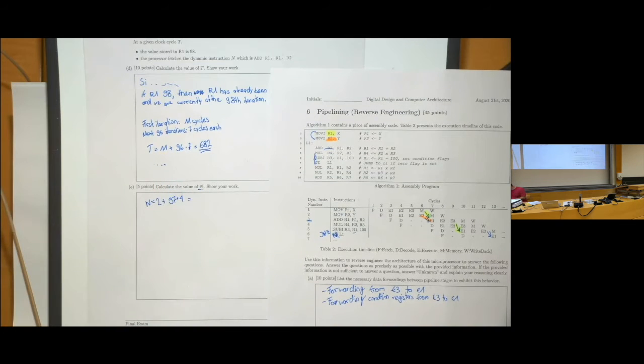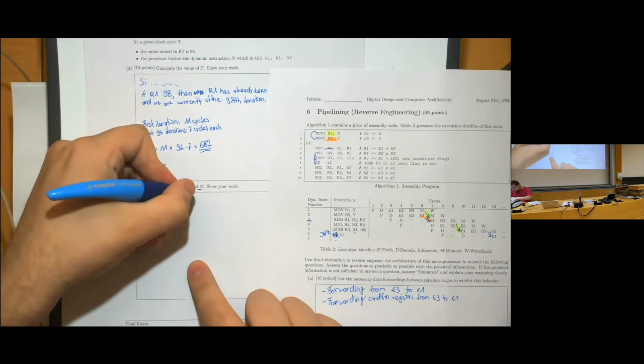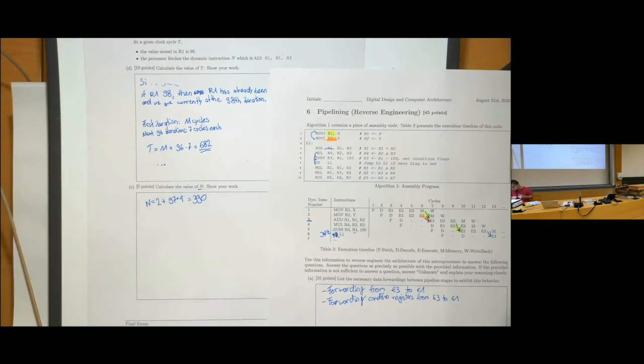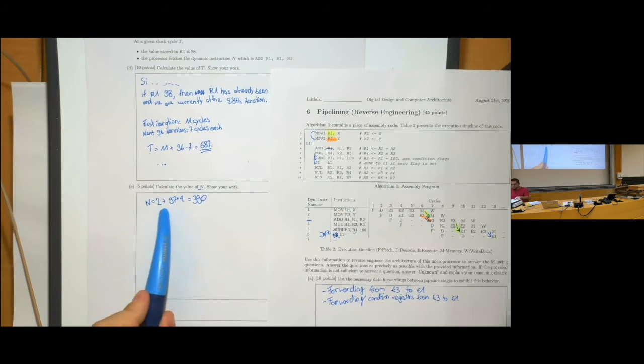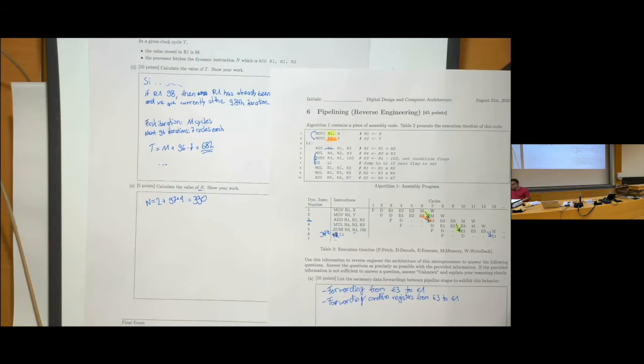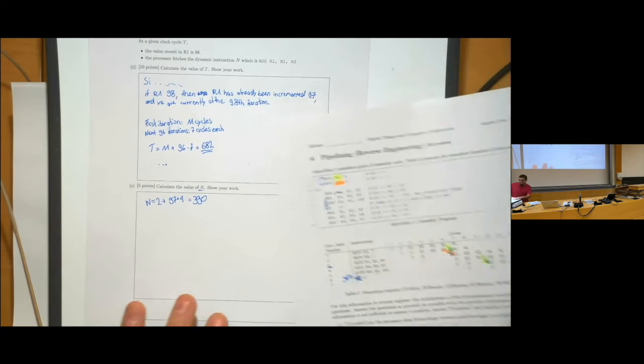We also already calculated this. It's 390. And you should write a little bit of text there about how you arrived at these numbers and why you got to this multiplication. Questions? Okay, great. Thanks, then I'm done.